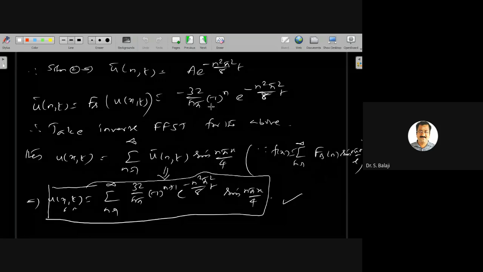Multiplying minus 32 by n pi with the minus sign here gives 32 by n pi into minus 1 whole power n plus 1, into e power minus n square pi square by 8 into t, into sin n pi x by 4. So u of x comma t is equal to summation n equal to 1 to infinity 32 by n pi into minus 1 whole power n plus 1, e power minus n square pi square by 8 into t, sin n pi x by 4.